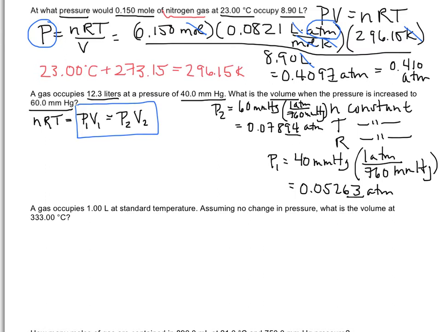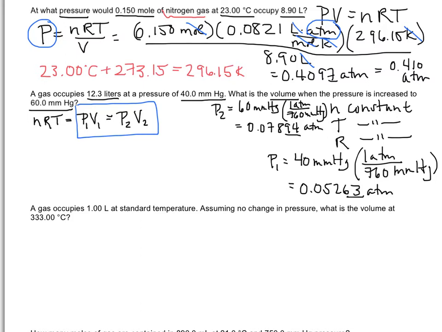Okay, so now recognize that I know the starting volume and the starting pressure, that's P1 and V1, and I'm looking for the volume. I'm looking for V2, and I have pressure 2. So let's see how this rolls out.